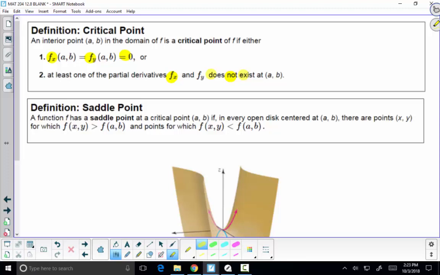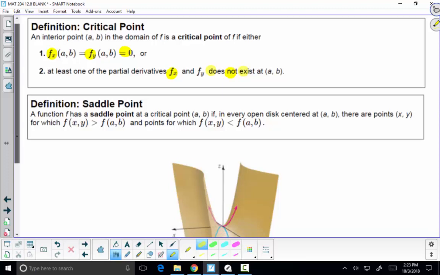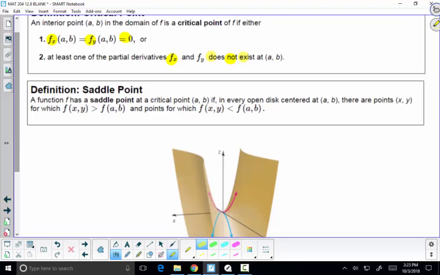So we have two types of critical points: critical points that come from both partials being equal to 0, or from one of the partials being undefined, or maybe both. So if one of them is equal to 0 and the other one does not exist, it's still a critical point? Yep, exactly. So if they're both 0 or at least one doesn't exist, then it's a critical point. Okay, so that's how we're going to list our critical points, and then we're going to characterize them.